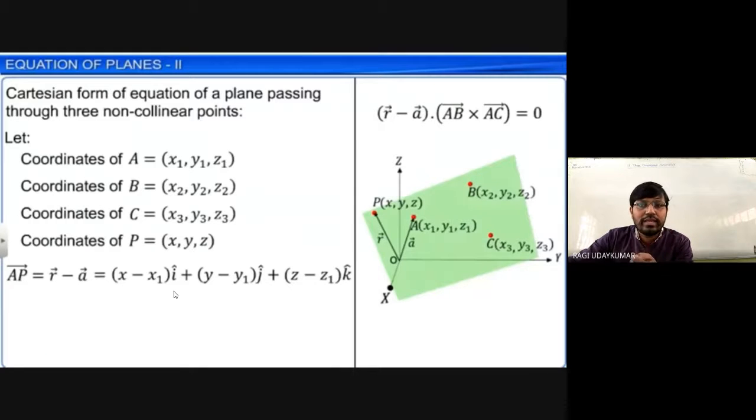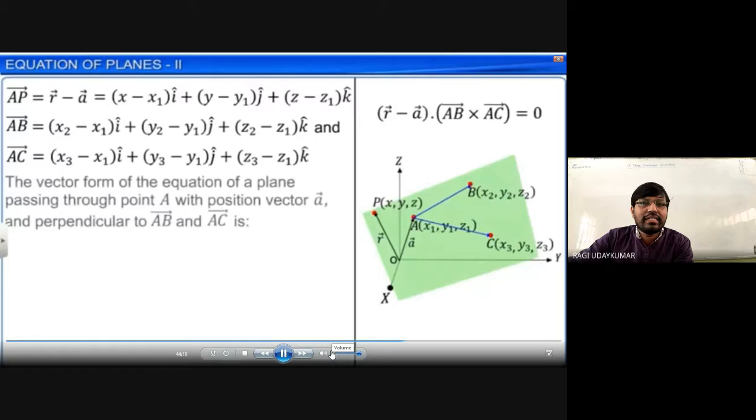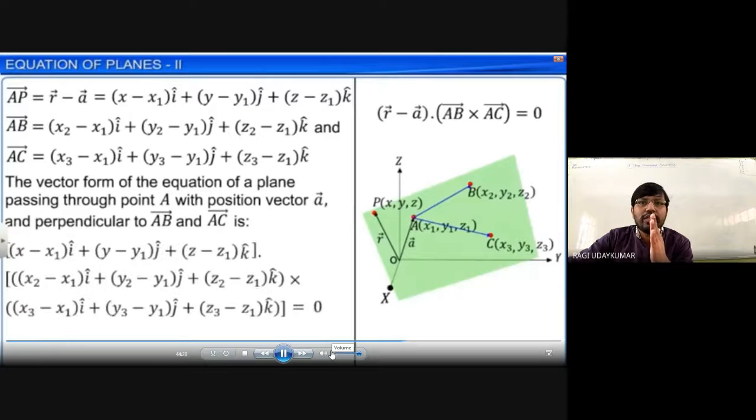Vector can be written as x minus x1 into i, y minus y1 into j, z minus z1 into k. And AB vector is x2 minus x1, y2 minus y1, z2 minus z1. AC vector is x3 minus x1, and so on. So the determinant you are going to get is the dot product of R bar minus A bar with the cross product of AB and AC.